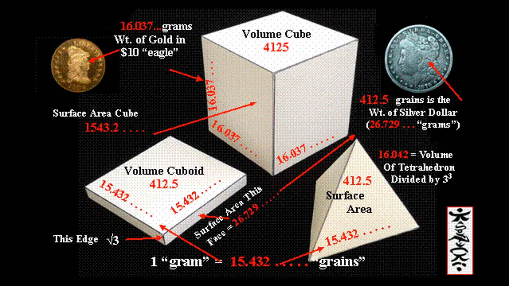Again, if the unit is a grain of coinage silver, this cuboid could be regarded as the silver coin simply reconfigured. Note that its edge length is the 15.432 grain-gram ratio, and that the 26.729 square unit surface area of each rectangular side is also the weight of the dollar coin in grams.